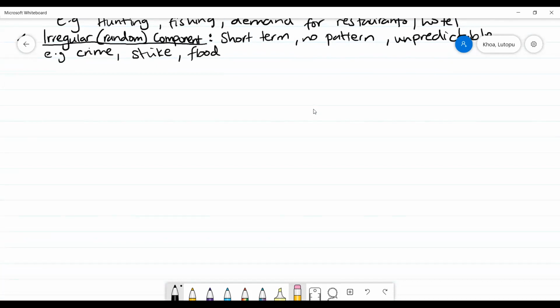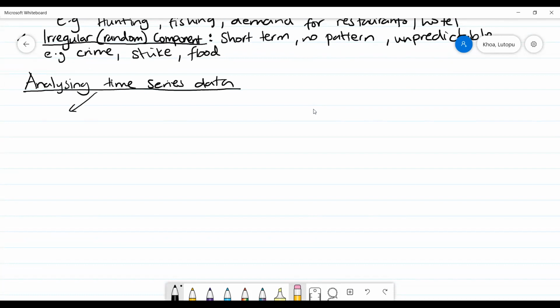Then what we want to do is analyze the time series data. Okay, so we have data here and we want to analyze it. Now, there are two ways that we do it. The first one is what we call the moving average. And the second way is the method of least squares.